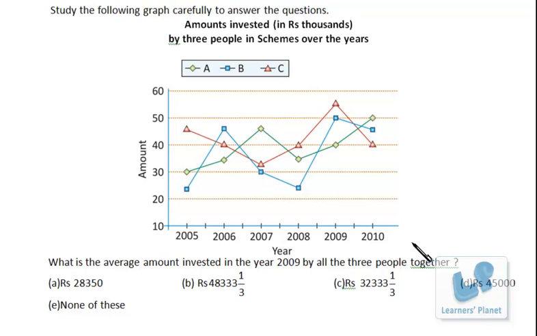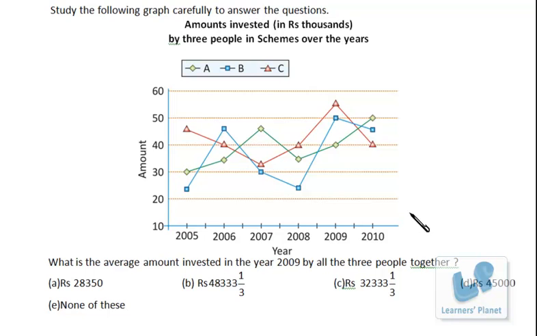Now let's take the first question. What is the average amount invested in the year 2009 by all the 3 people together? So you just have to add up the data and divide it by 3. We'll be getting the average, right? Now what is the average in 2009? In 2009, these 3 data points are there. Quite a simple problem, just add them up.